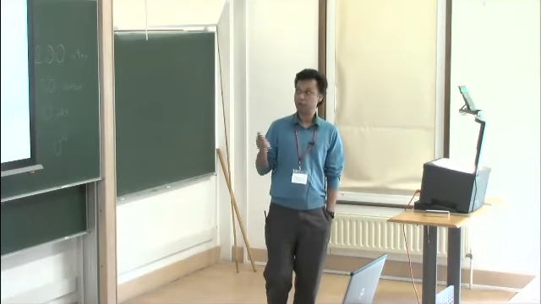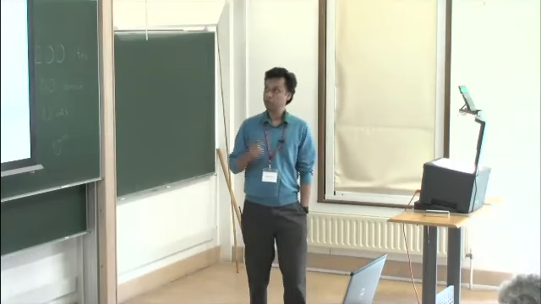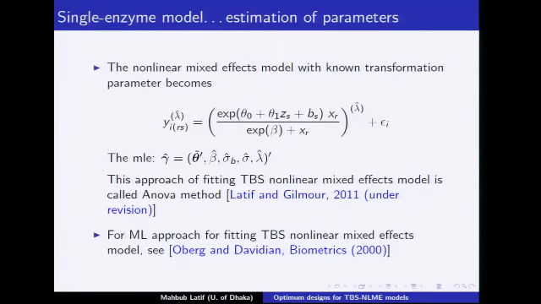So we calculate lambda from this model, and this lambda we plug into our transform-both-sides nonlinear mixed effect model. Now it is not anymore a transform-both-sides model. This is just a nonlinear mixed effect model because the lambda hat is just data. So you can use the nlme package or some other package to fit this model, but to fit the transform-both-sides model, you need to write your own function in some way, right?